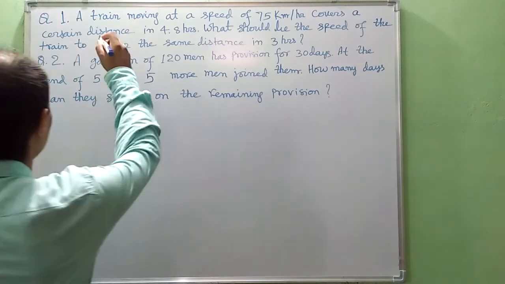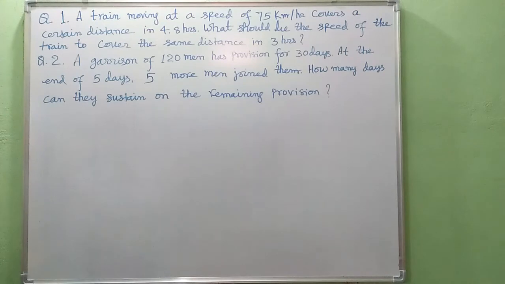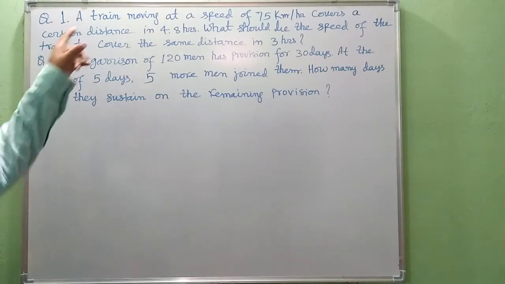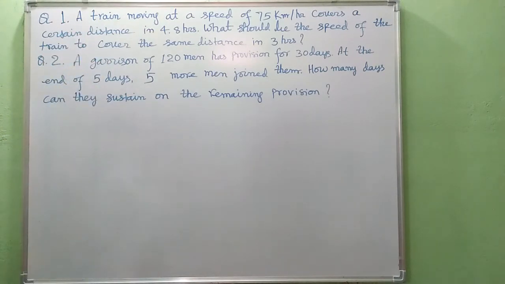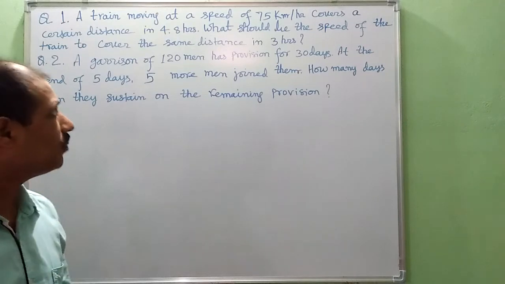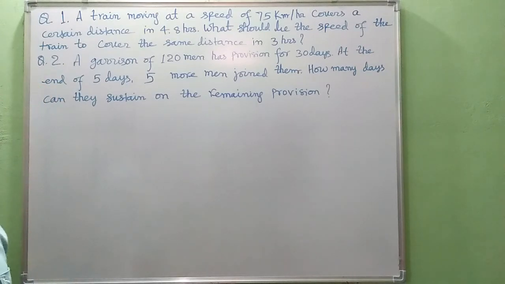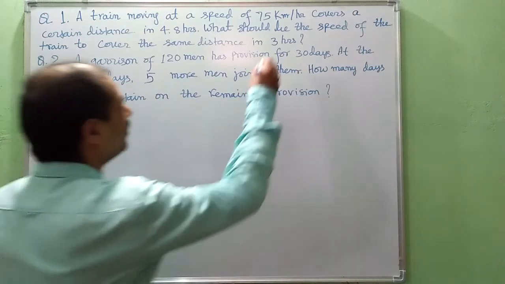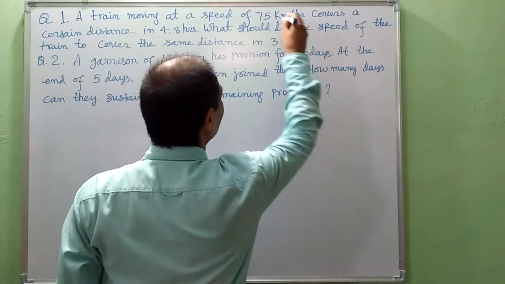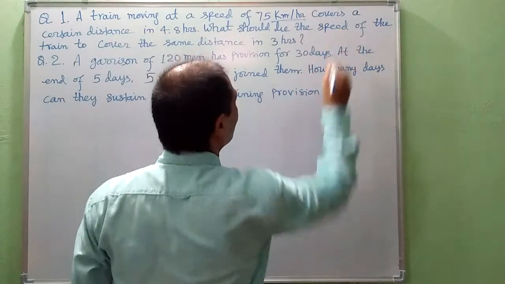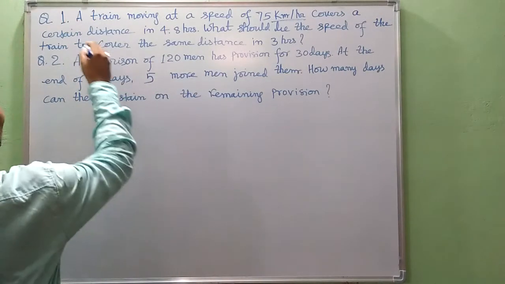Firstly, try to solve this first question. It runs like this: a train moving at a speed of 75 km per hour covers a certain distance.